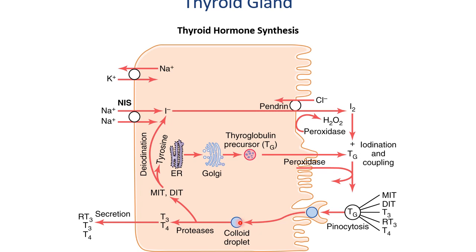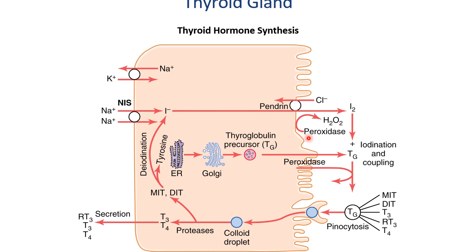And this colloid droplet, because it is a very large protein, will be broken down by thyroid proteases to form the mature thyroid hormone, which is T3 or T4, which is then secreted into the blood side. And this T3 or T4 will then be utilized by the different cells of the body.